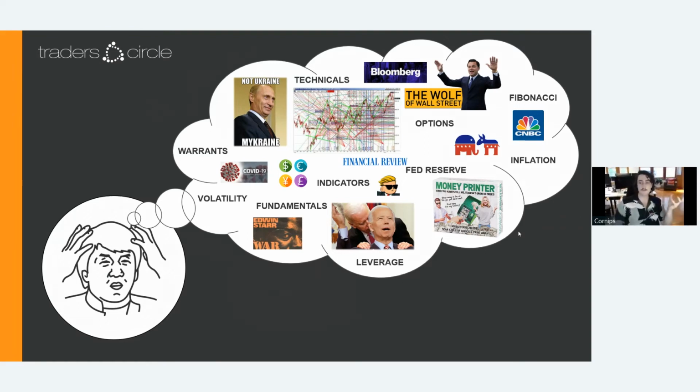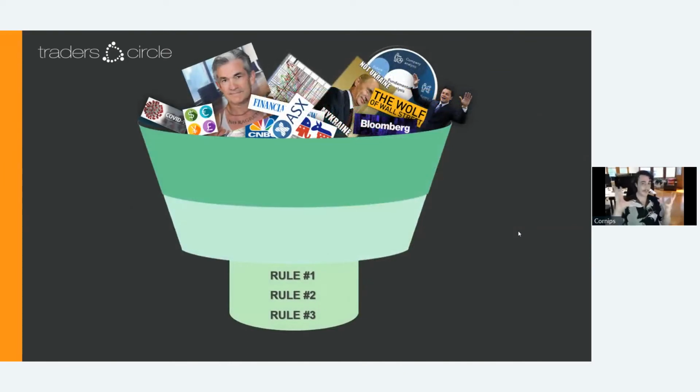And what rules do is allow you to funnel all that information. You can see I've got some silly pictures there. All that information goes into a step-by-step trading system. Now, everyone has a different trading system. There's not one thing that works, as I'm sure you're all aware. The key thing is to make sure that you just have one.